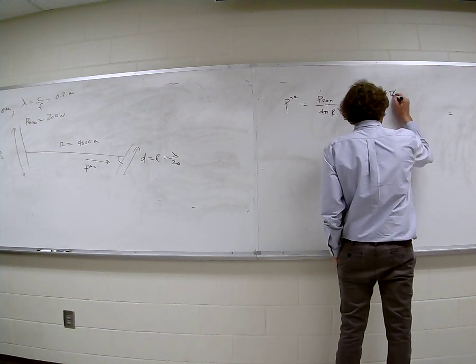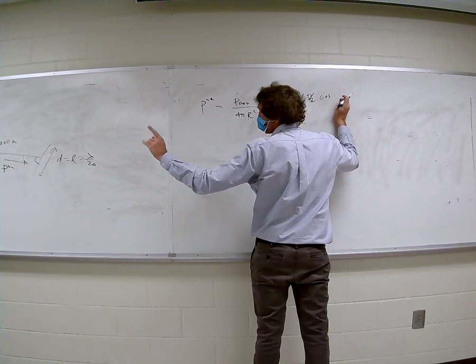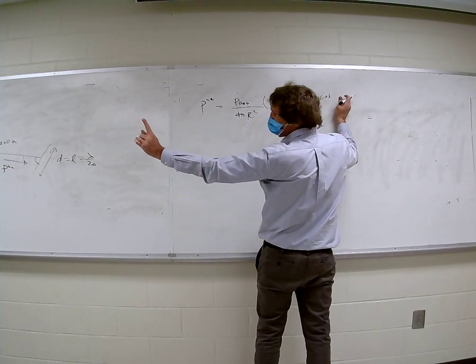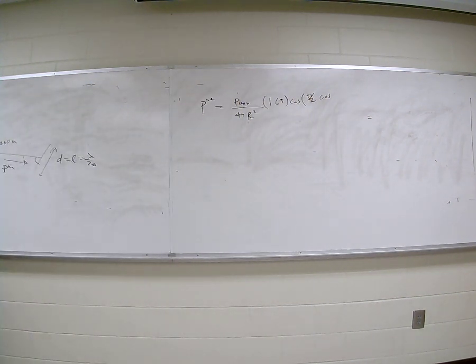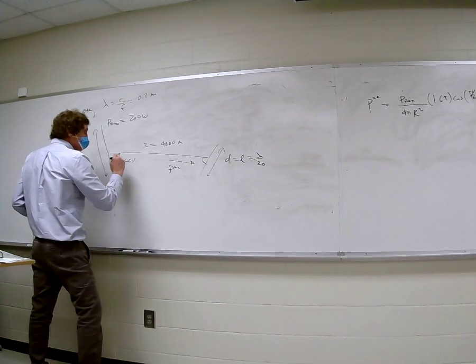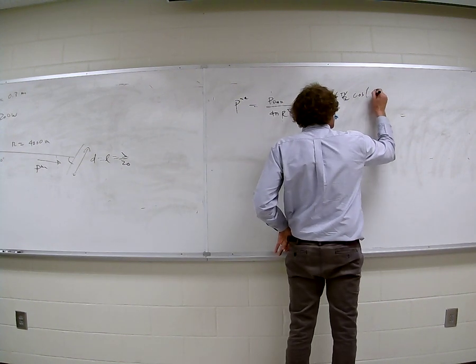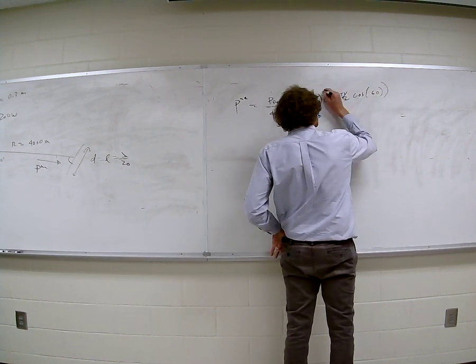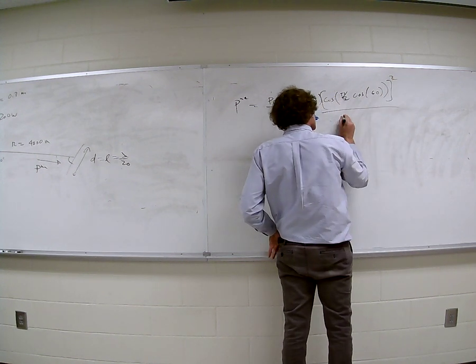Cosine of pi over 2 times cosine of the angle, 60, right? So it's times cosine of 60. This whole thing is going to be squared over the sine of 60.